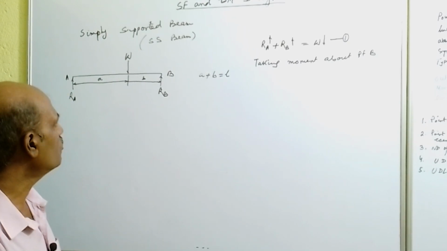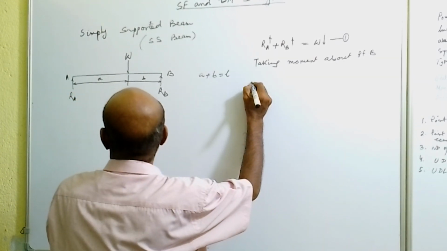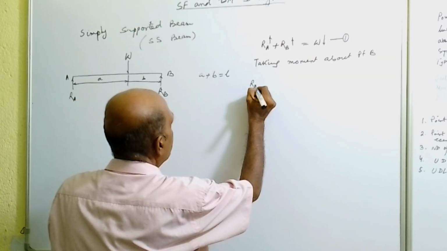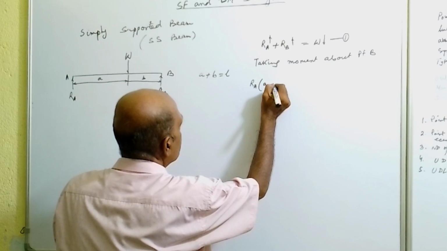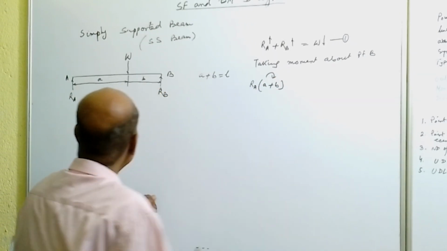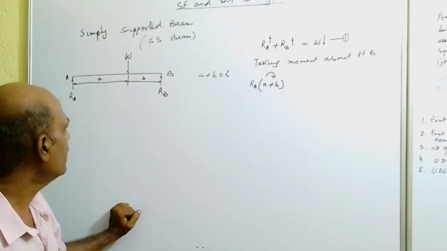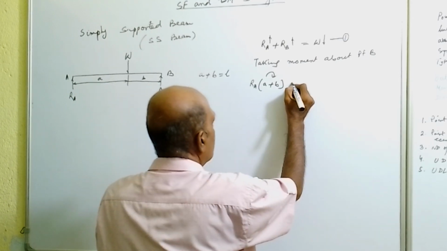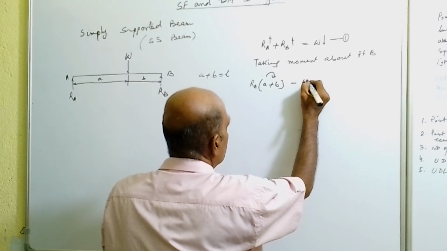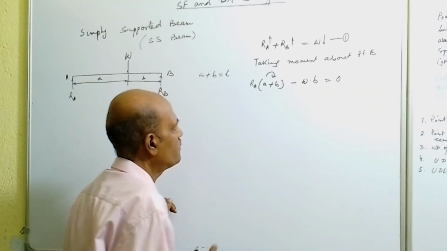Now taking moment about point B, so we will get RA into A plus B, that is the moment produced by RA force about point B. RA into A plus B, that is clockwise moment, minus W will produce anti-clockwise moment, W into B, and that will be equal to 0.